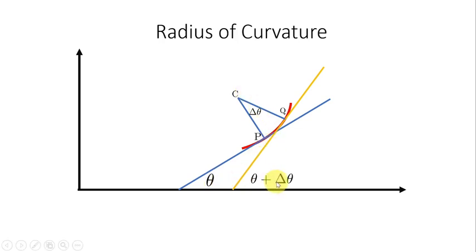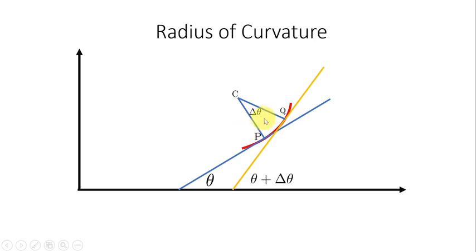Now, if this angle is very small, we can show by geometrical argument that this angle will also be equal to delta theta. In reality, CP and CQ need not be the same; they could have completely different lengths.